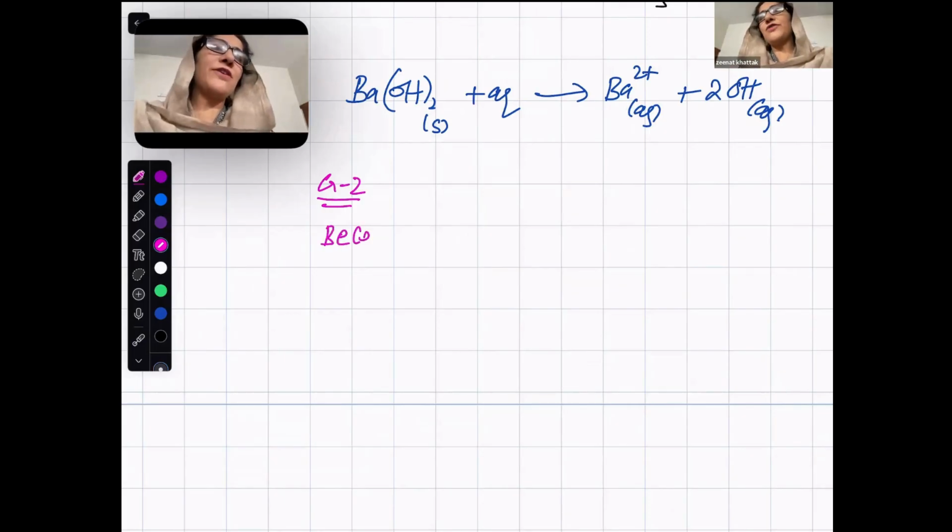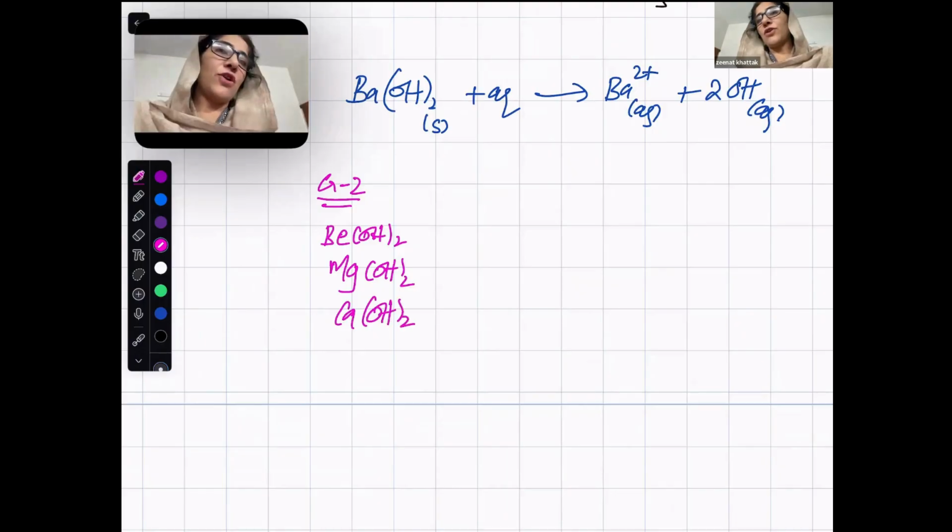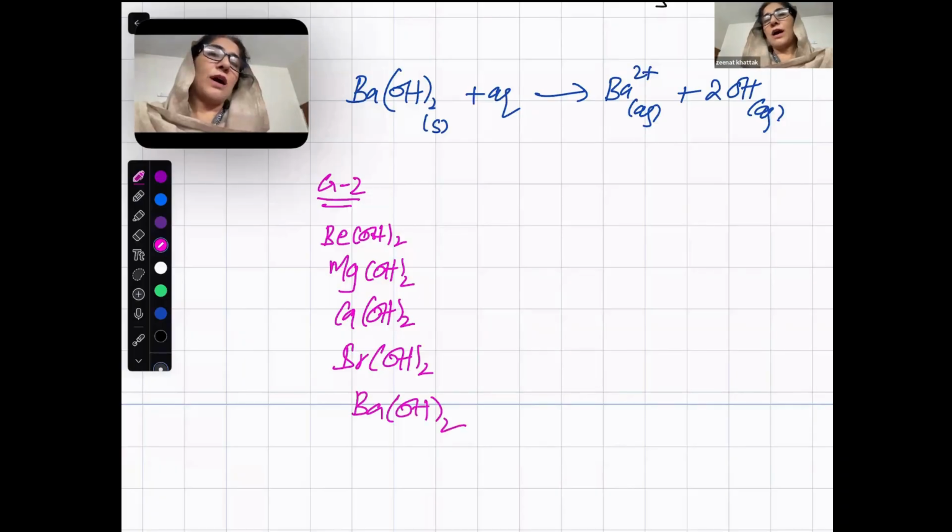Like beryllium hydroxide, magnesium hydroxide, calcium hydroxide, strontium hydroxide, and barium hydroxide.